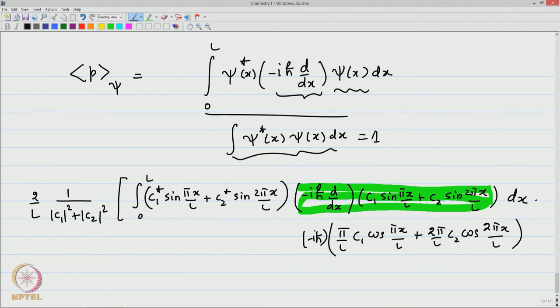These are not eigenfunctions of the momentum operator, they give you something else, and therefore, then you have to calculate the momentum by evaluating the integrals sin pi x cos pi x dx, sin pi x cos 2 pi x dx, and likewise sin 2 pi x cos 2 pi x, and so on. And I think the answer should be 0. Okay. Verify that answer. So, in the next part I will continue the next problem.